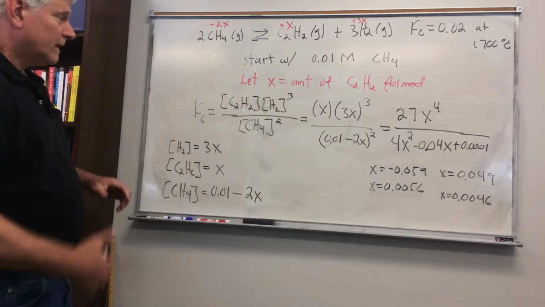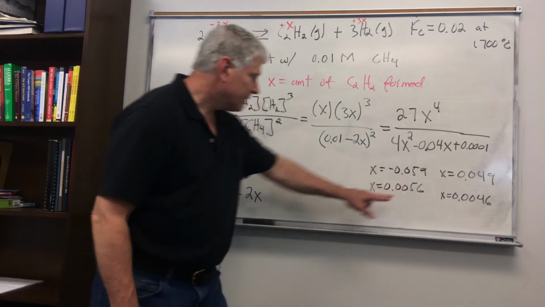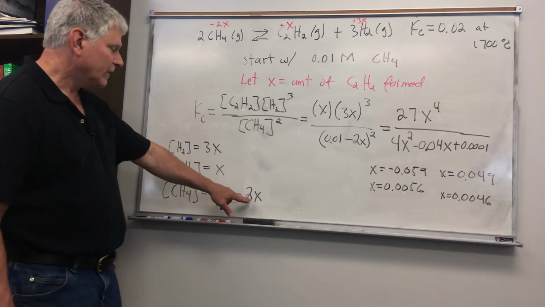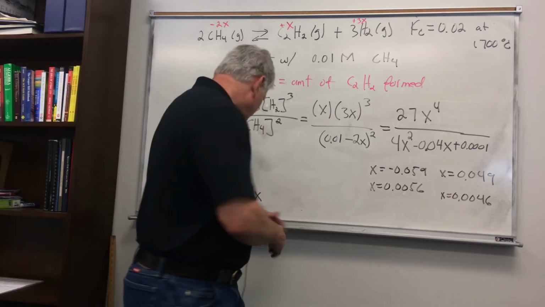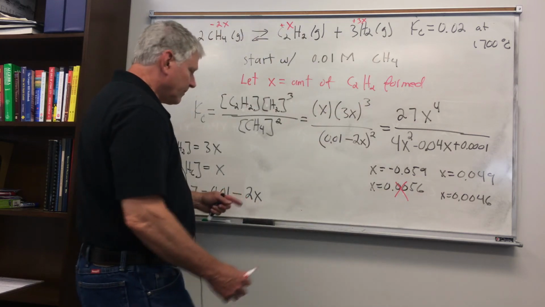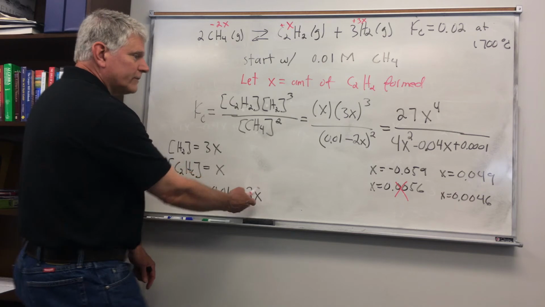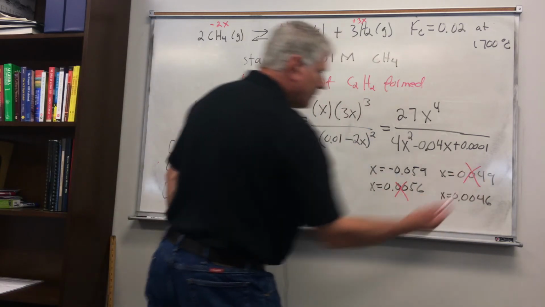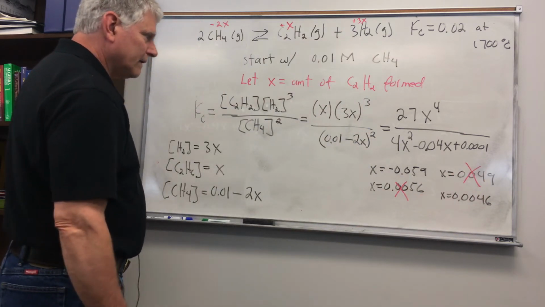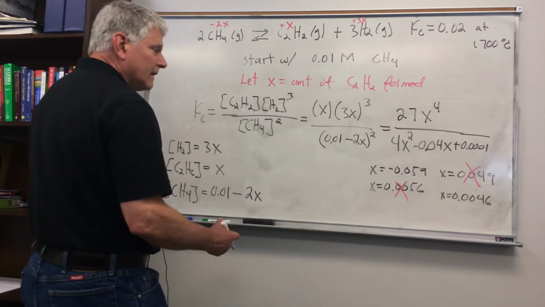Okay, so if we put this value in for X for methane, we'll get a negative number. So this won't work. If we put this value in for methane, we'll also get a negative number. That won't work. And if we put this value in, it will work.